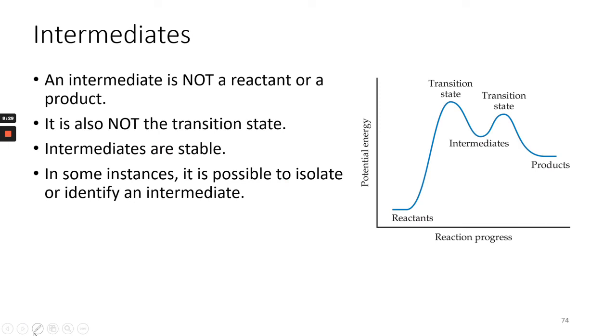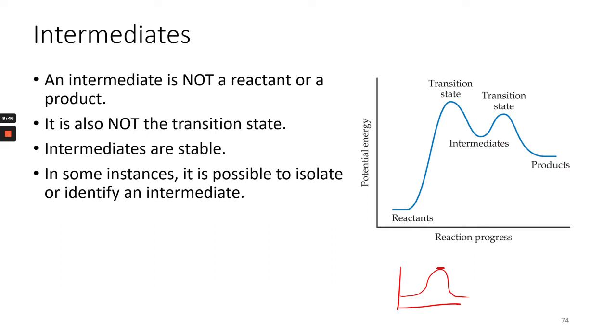So if we're plotting our activation energy plots, remember, most of the time we were just seeing one peak, okay? If you see one peak, you don't form any intermediates.